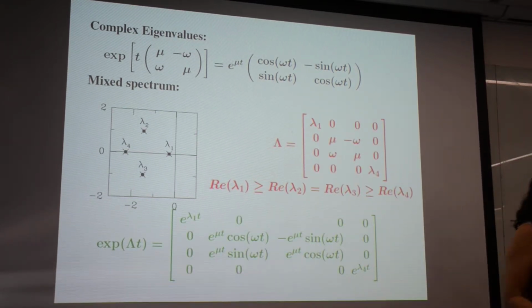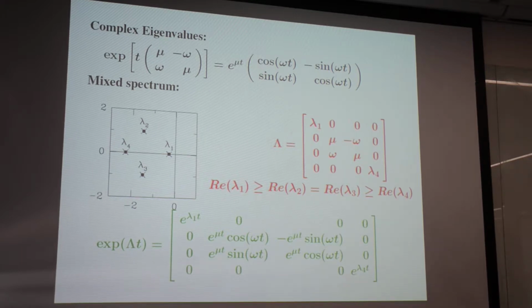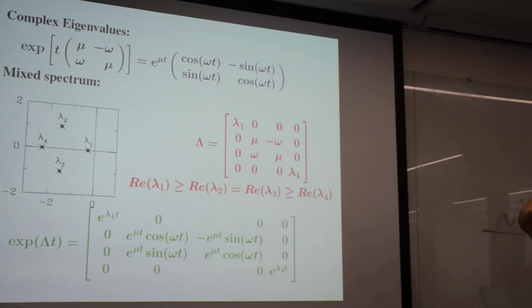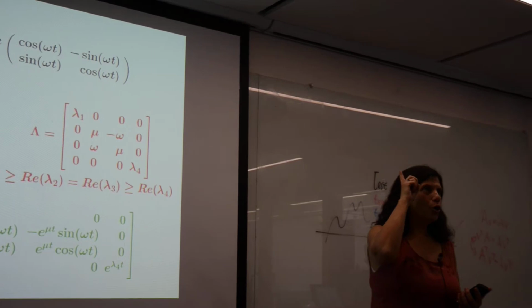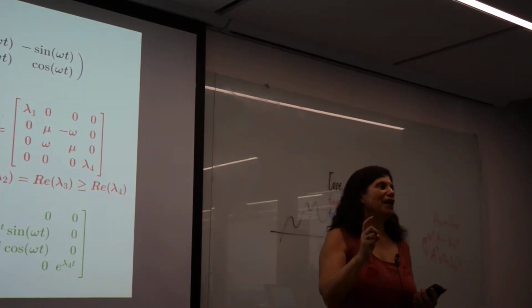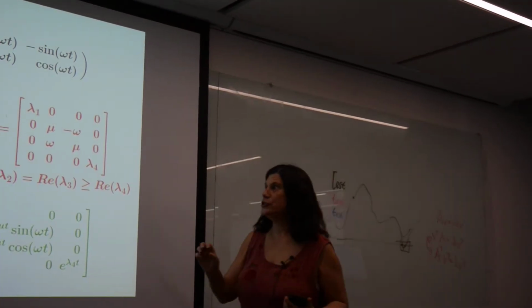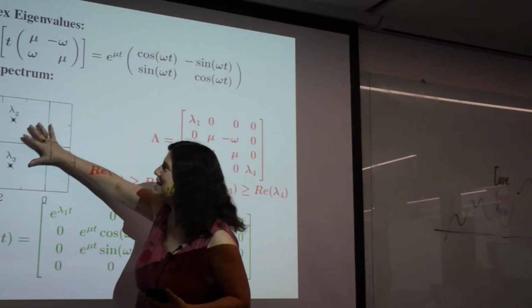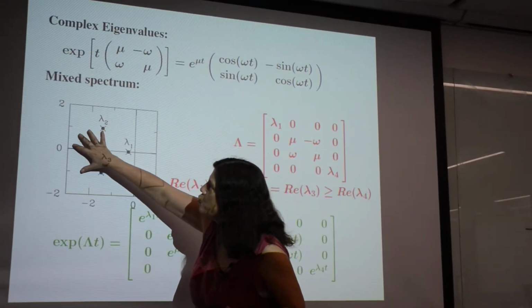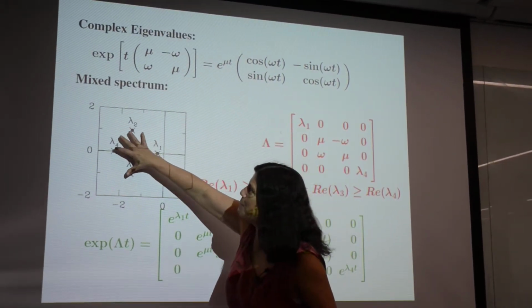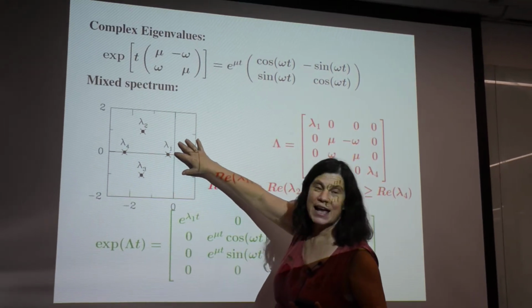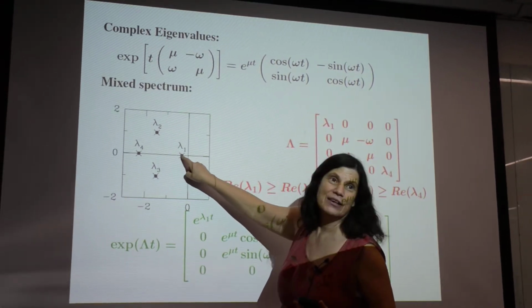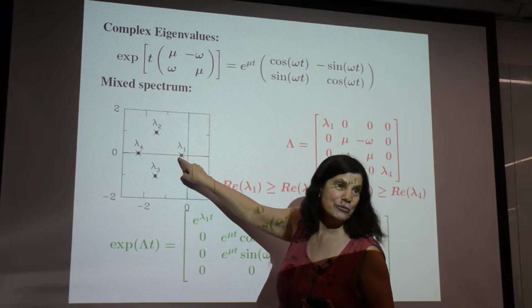And recall the principle that we say that something is unstable if and only if one or more eigenvalues has a positive real part. So we can see here as a candidate what's going to happen if we increase the Reynolds number, say: this spectrum is going to move this way, and it's this lambda 1 that's going to become positive here.